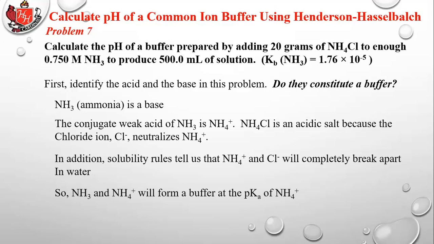So NH3 and NH4+ will form a buffer at the pKa of NH4+. That's assuming you use equal amounts. We may or may not be doing that here, but that's conditional on using equal amounts. Then the pH will be a buffer at the pKa of NH4+.